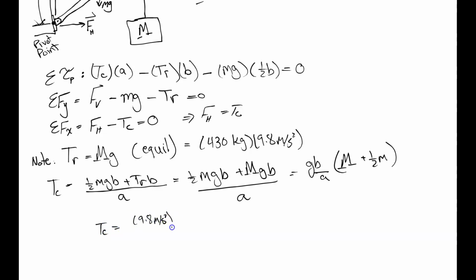per second squared, B, which is 2.5 meters, A, which is 1.9 meters, big M, which is 430 kilograms, and 1/2 times little m, which is 85 kilograms.